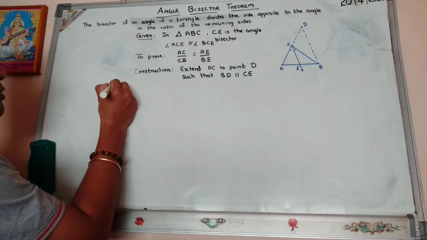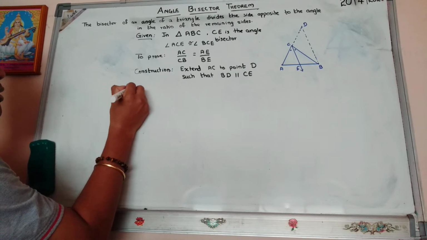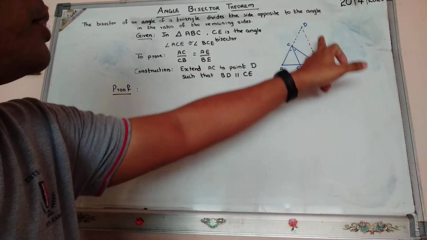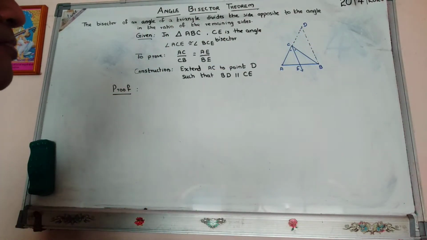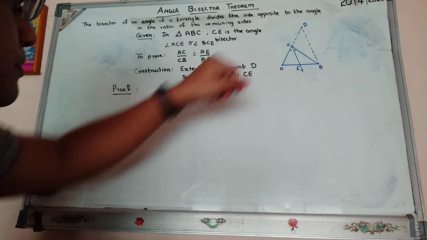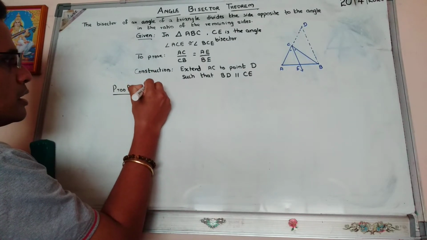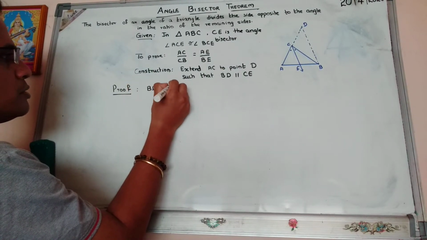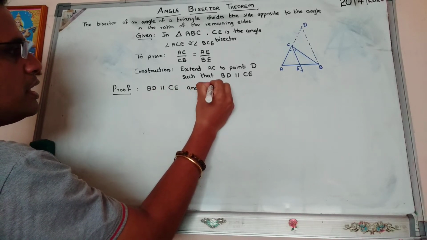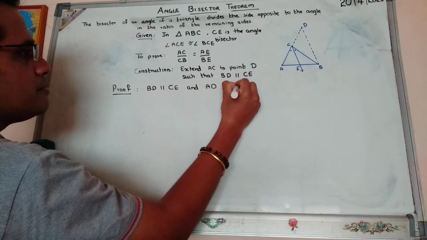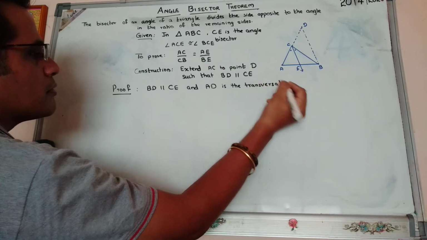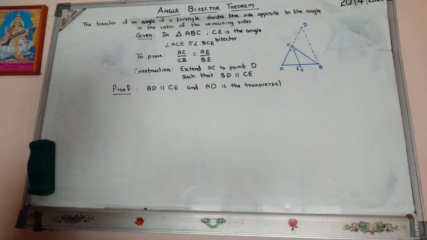Now, proof. We already know that BD is parallel to CE by construction. Suppose I take AD as a transversal. BD parallel to CE and AD is the transversal.